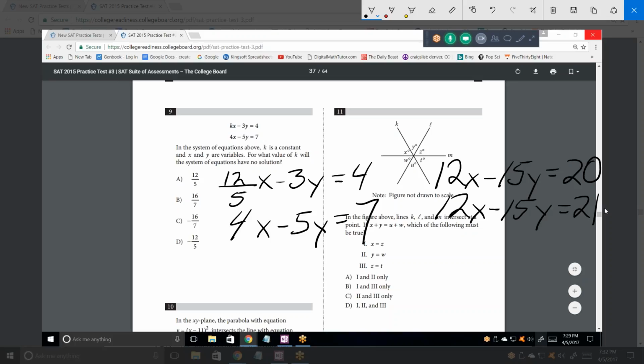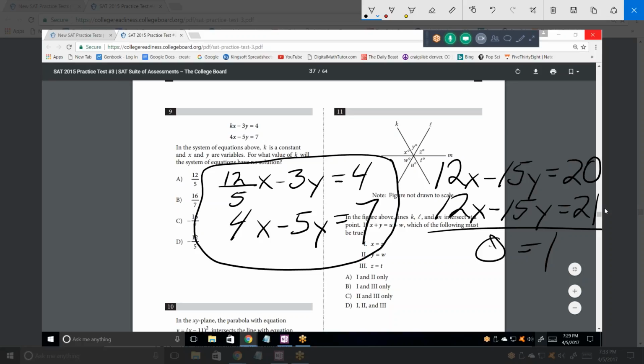Bingo. Okay. 0 equals 1. Oh, okay. If I subtract the two. So by back solving, in other words, assume that 12/5 is the answer and try to solve this system of equations, and if you get one number equals a different number, then 12/5 is the answer.